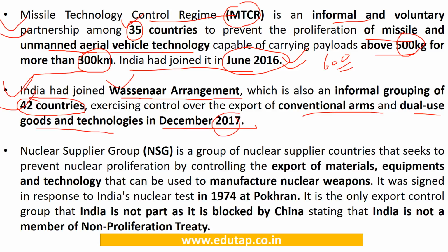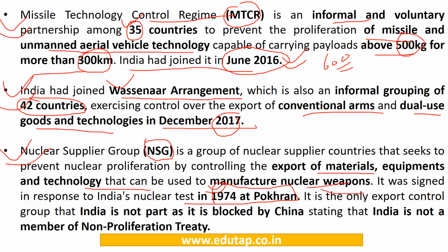Last group is the Nuclear Suppliers Group, which is a 48-member group formed in 1975 in response to India's first nuclear test in 1974 at Pokhran. It aims to prevent the export of those materials and technology which can be used to manufacture nuclear weapons.